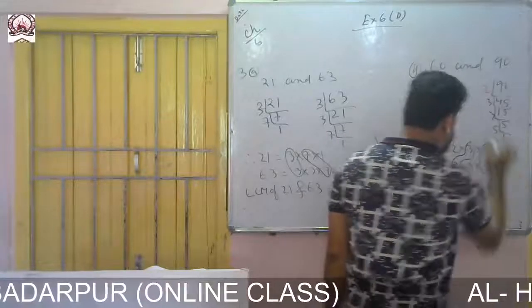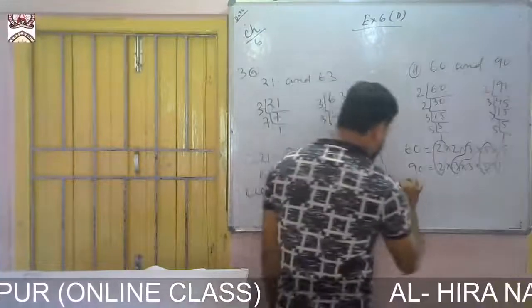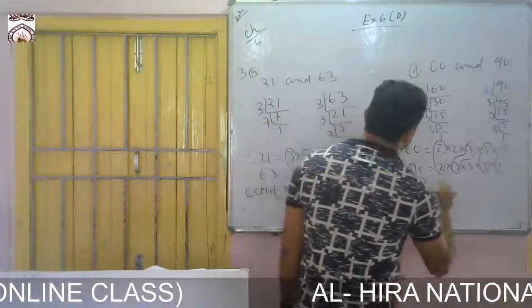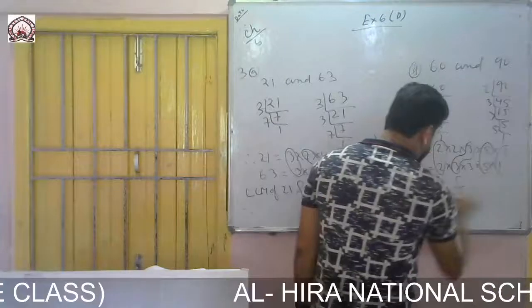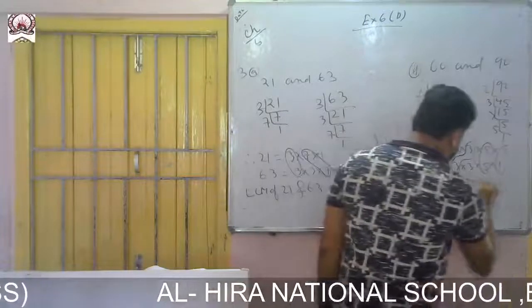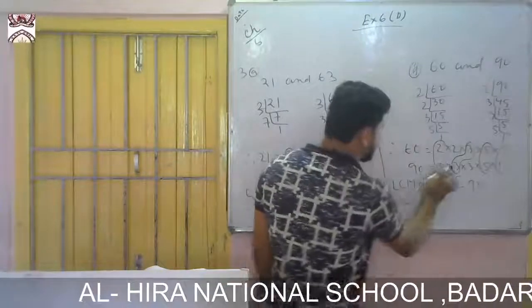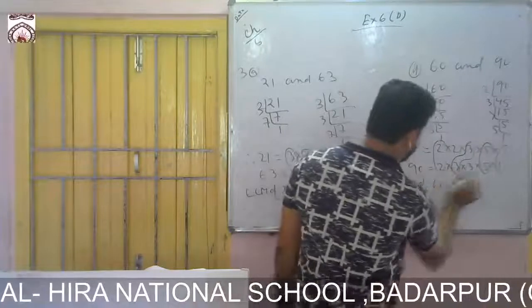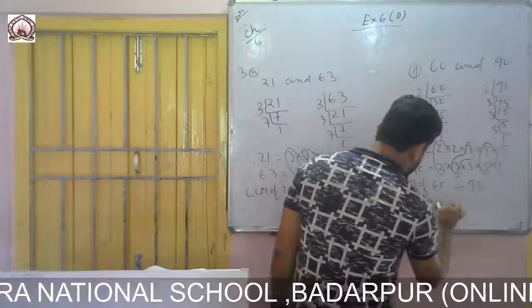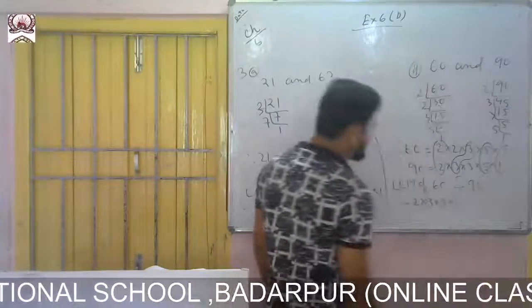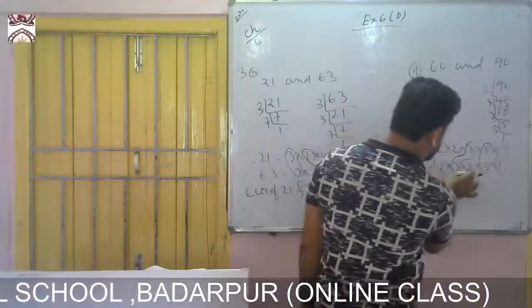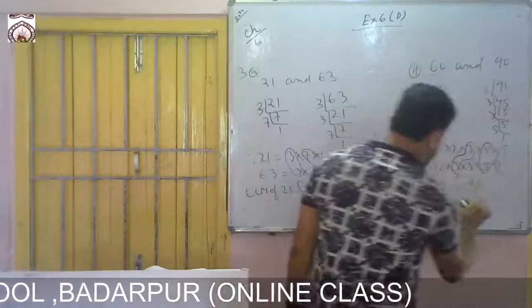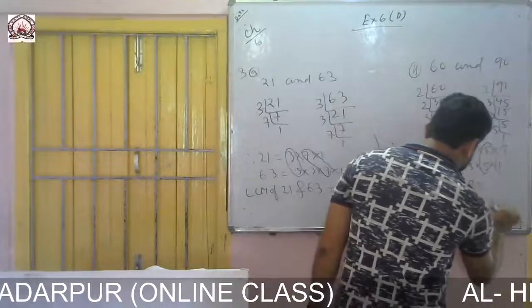So 1 is common in everyone. Now LCM of 60 and 90 equals this common 2 3 5 into 1, then the remaining one 2 and 3, so into 2 into 3.